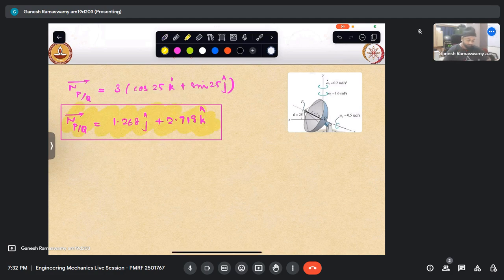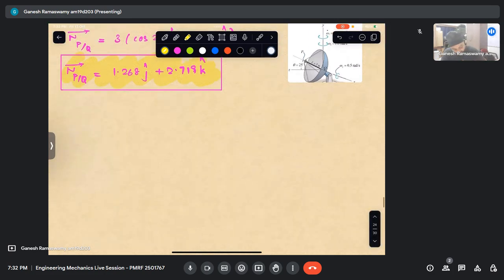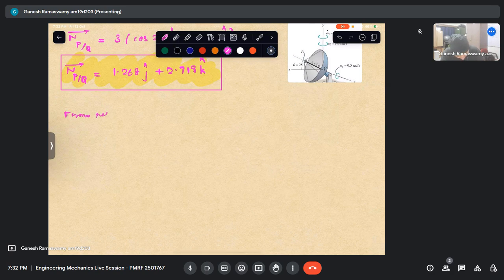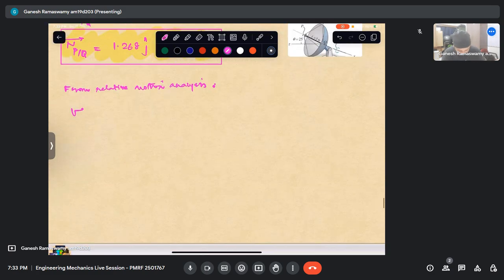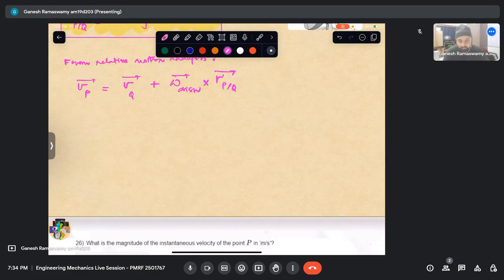Now once we know this, from relative motion analysis, we know that the velocity of point P is the velocity of point Q plus omega of the dish cross r of P with respect to Q. Velocity of Q is 0, plus omega of the dish, what is it?